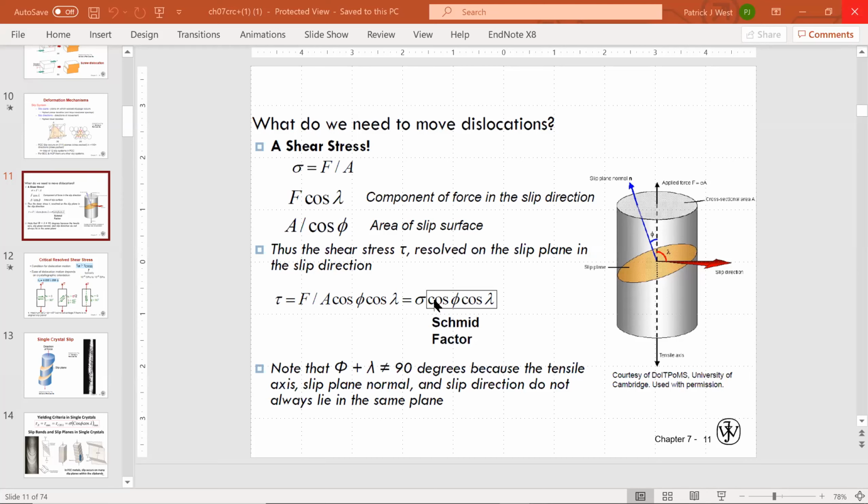So what we have here, this is chapter 7. This describes the same question we're talking about. We have this crystal that has a slip plane and a slip direction, right? The slip plane is the close packed plane of atoms, and the slip direction is the direction in which the atoms will move when we apply a stress.